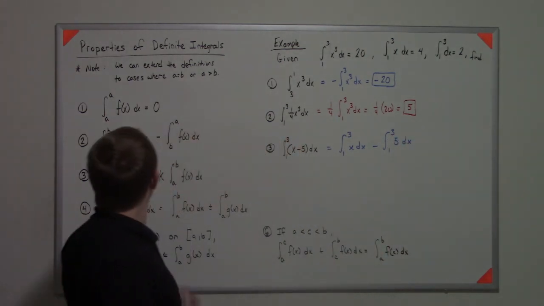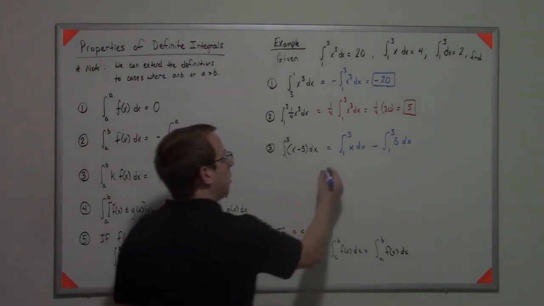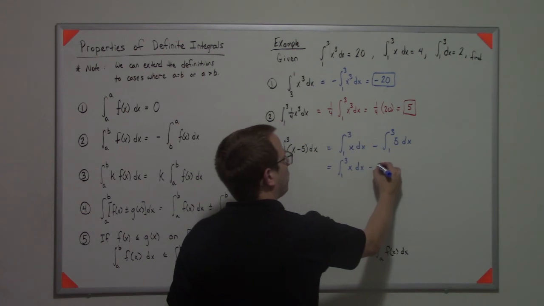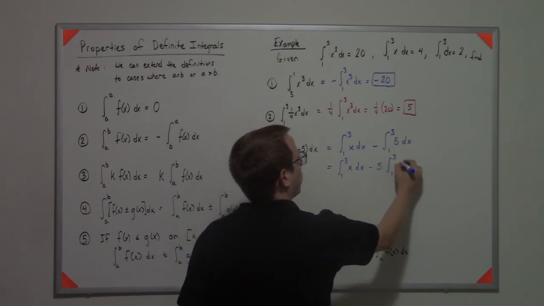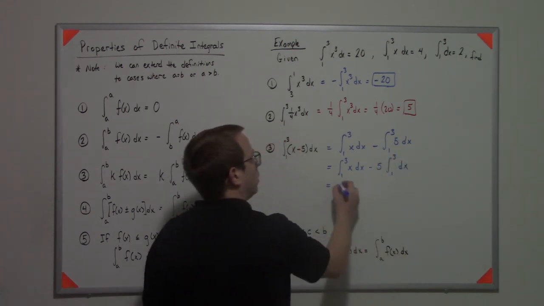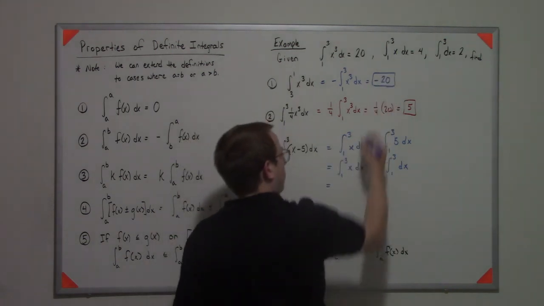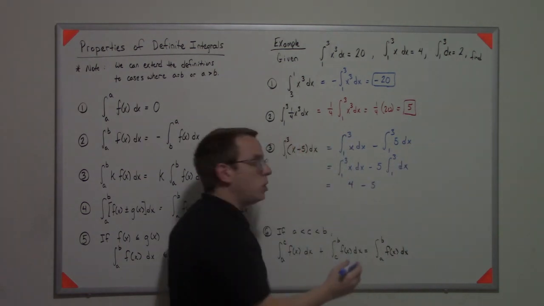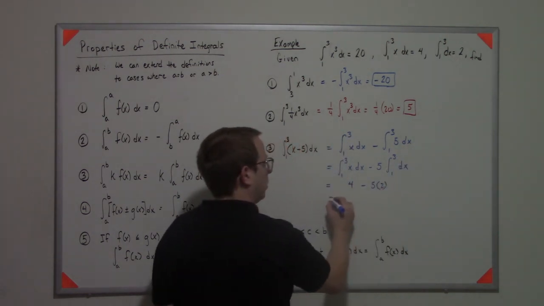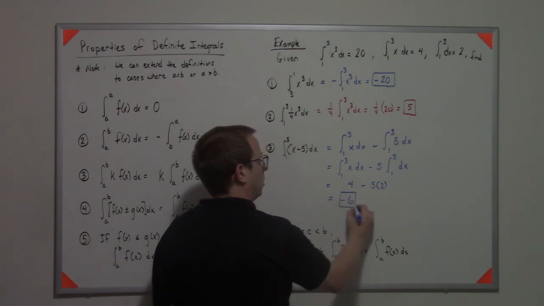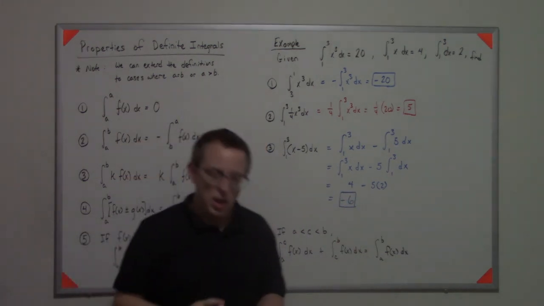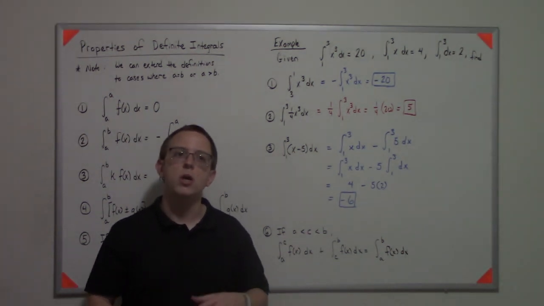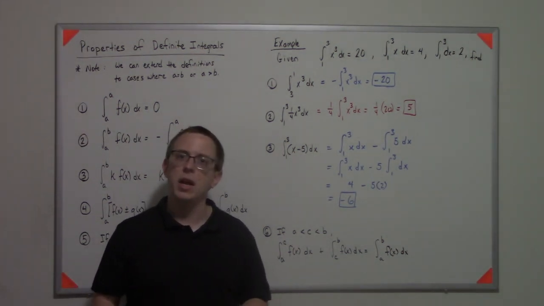Then I can use property 3 to say that's the integral from 1 to 3 of x dx minus 5 times the integral from 1 to 3 of dx. That's 4 minus 5 times 2, giving us negative 6. In that way, we leverage a table of values and use our properties so that we don't have to reevaluate that integral each time.